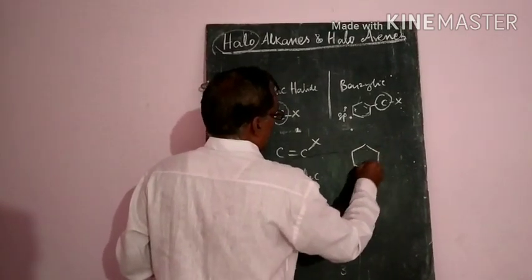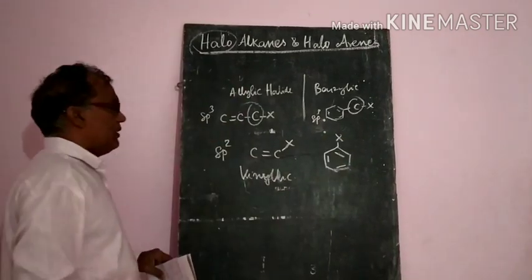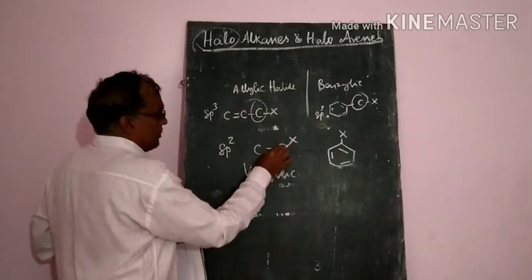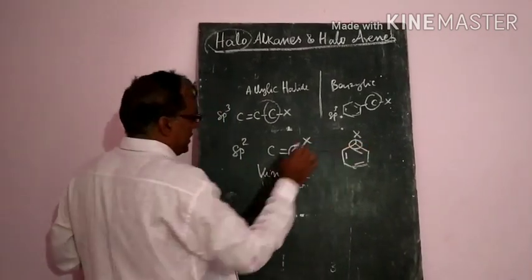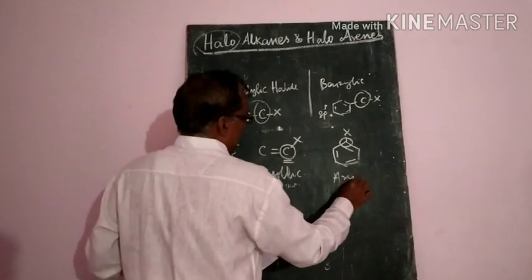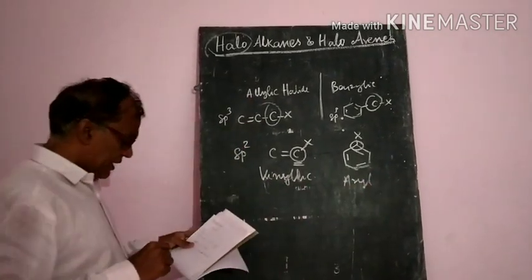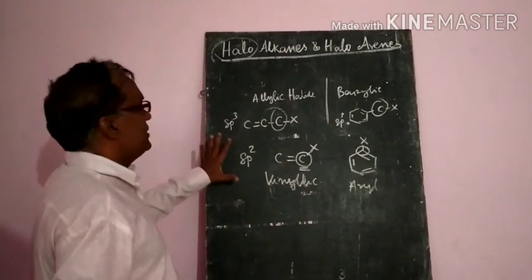Where the halogen is attached directly to the double bonded carbon atom, the carbon hybridization state is sp2, here also the hybridization state is sp2. So these are called the aryl halides. Just try to understand the classification.